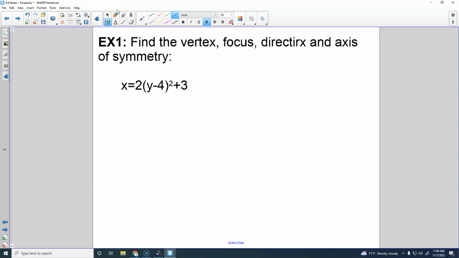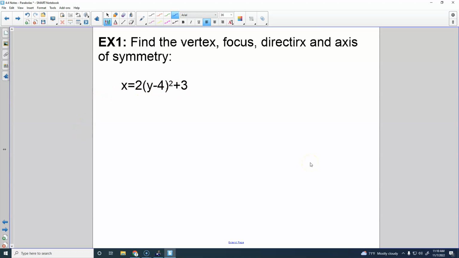This first one that we have here is already put into vertex form for us. And we are asked to find the vertex, the focus, the directrix, and the axis of symmetry for this particular equation. So whenever we have an x equals equation, that means that my parabola is going to open to the left or to the right.